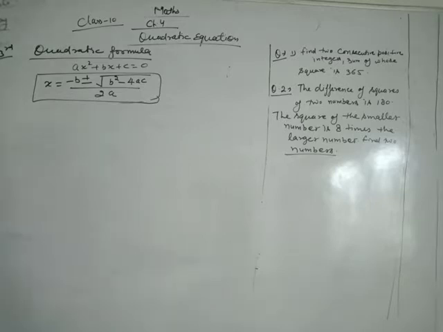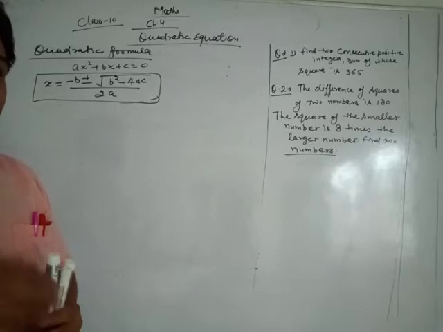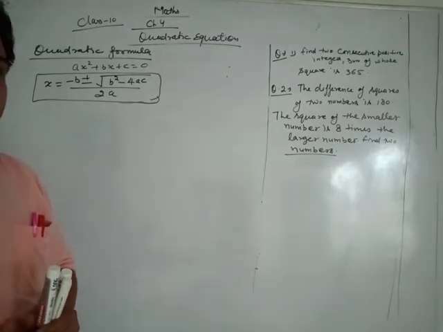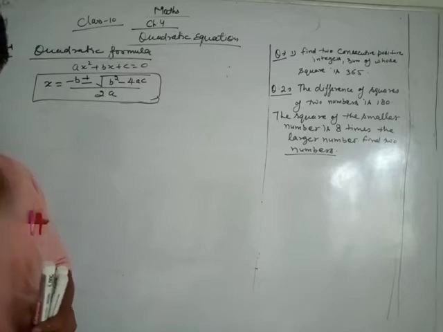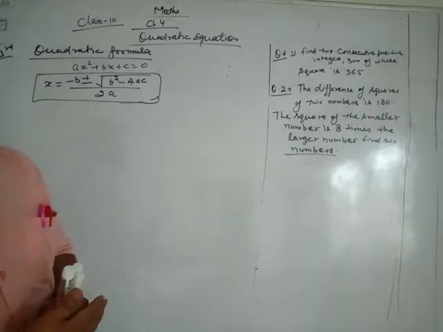Firstly I will discuss, because it is a very important question, what is consecutive. Consecutive means if we are given the number 2, the next number is 3, then 4, 5, 6, regularly. That is called consecutive numbers.